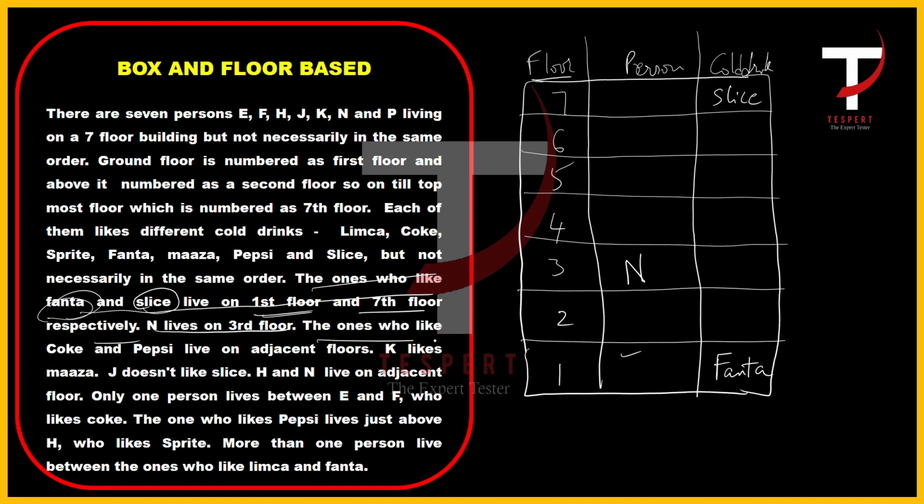And the ones who like Coke and Pepsi live on adjacent floors. So adjacent can be either Pepsi and Coke or Coke and Pepsi as well, right? Adjacent means one after the other, either this case or this one, either Pepsi and Coke or Coke and Pepsi.